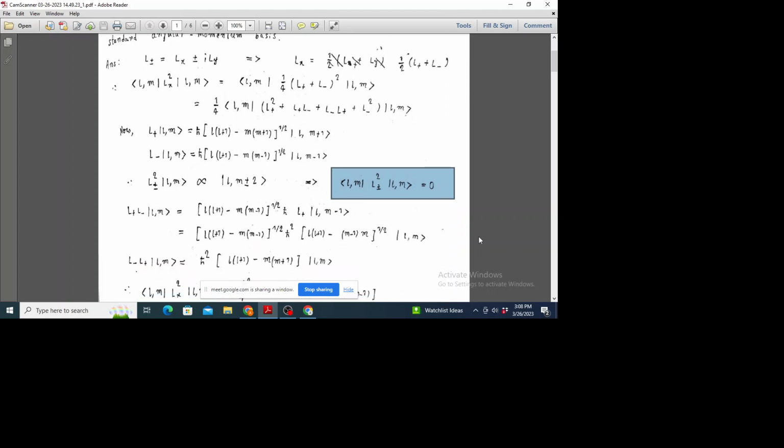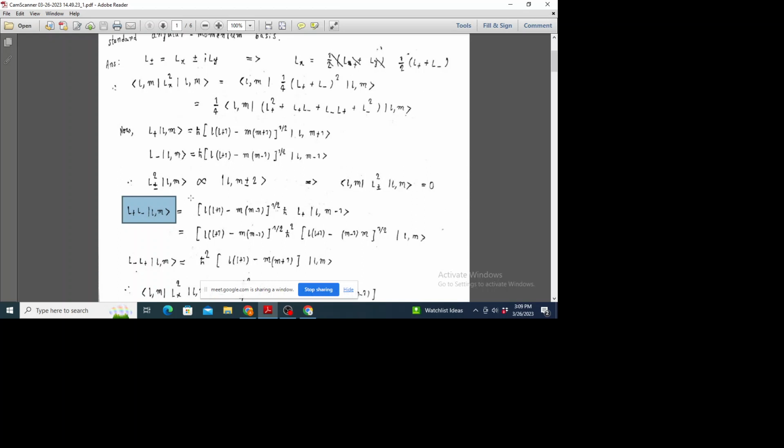So now we have only the remaining two. Let's see what contribution they give. We have seen that the expectation values of L plus squared and L minus squared are both 0. Now consider L plus L minus acting on |l, m>.